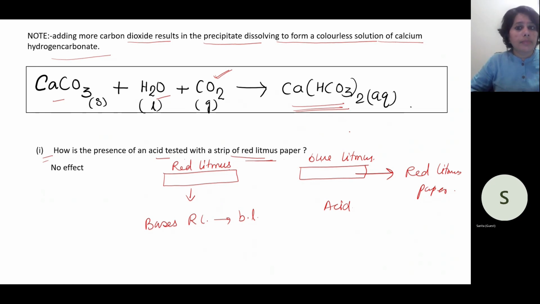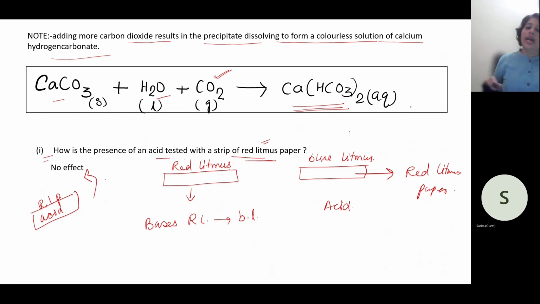But here, we have to test acid with red litmus paper. So if we put the acid on the red litmus paper, then there will be no effect. No effect will be the answer.